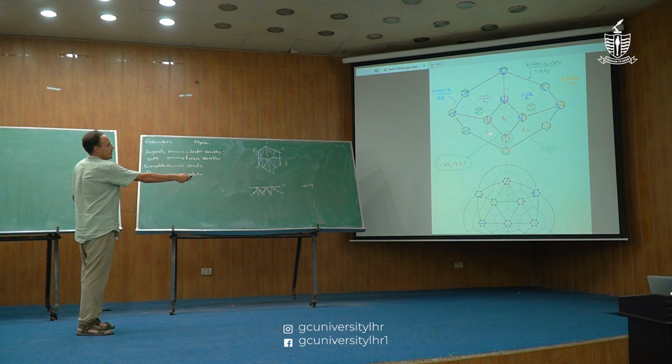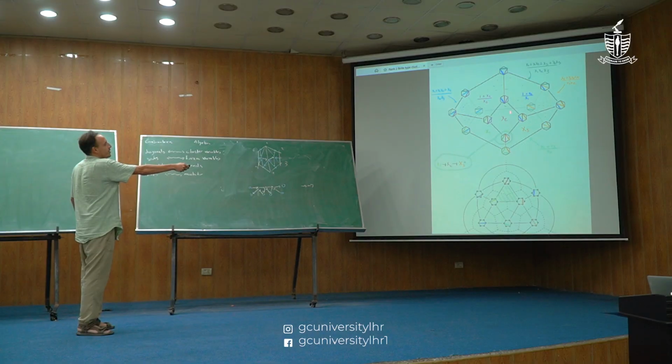Here, as you can see, this face is labeled by x1. It's all the clusters, all the seeds that have the x1 cluster variable. This is x2 in red and corresponds to all the arcs that have x2. This is x3, and it's all the seeds that have x3 as a cluster variable.